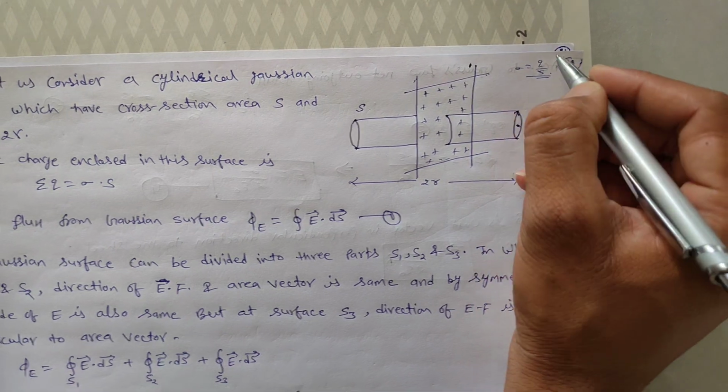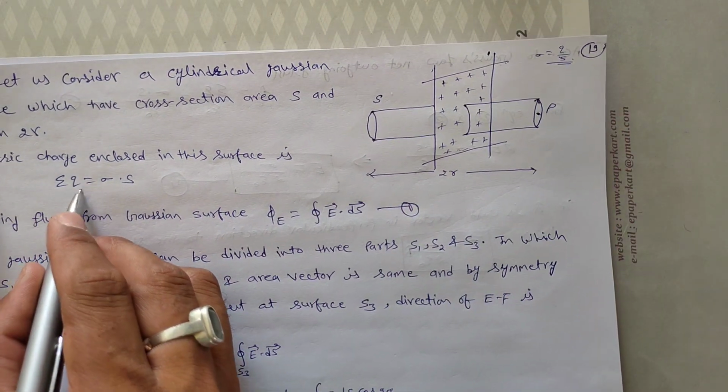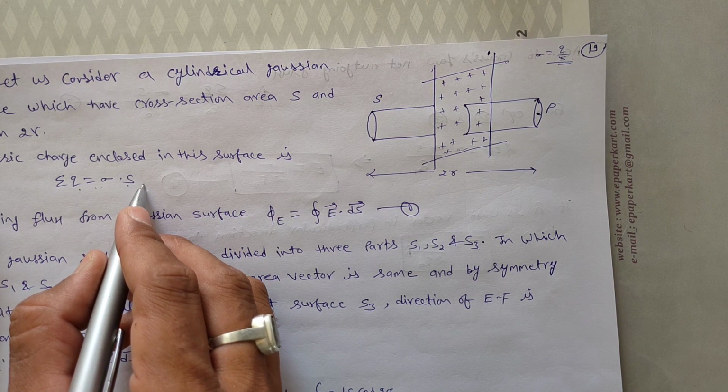From this equation we can write summation Q equals sigma into S.